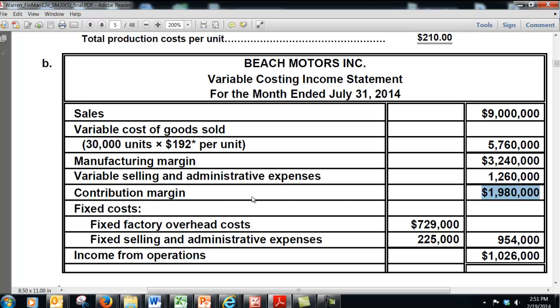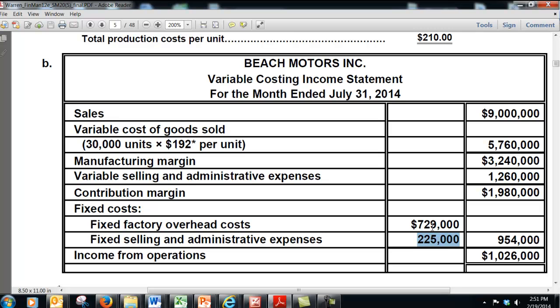So the difference between the sales and all of our variable expenses is $1,980,000. We refer to the difference between our sales and our variable expenses as our contribution margin, right? Contribution margin, that's what we call it. Next, we need to subtract out the fixed expenses. We subtract out our fixed selling and administrative expenses, this $225,000.